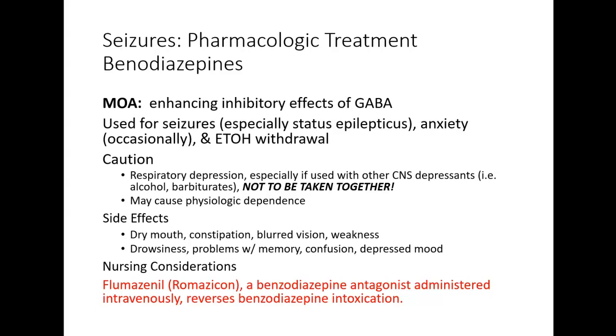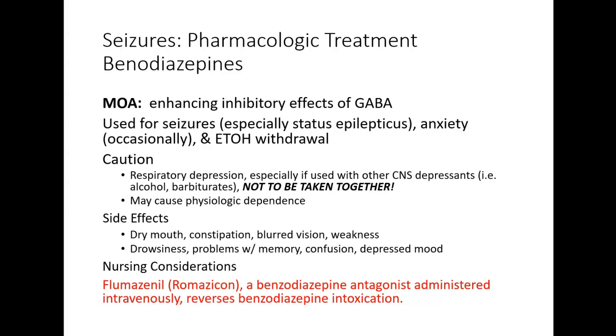I see there's a typo in here too, benzodiazepines. So if you think about benzos, you're thinking of all of your azepam drugs, right? Like diazepam, lorazepam, all of those, clonazepam.